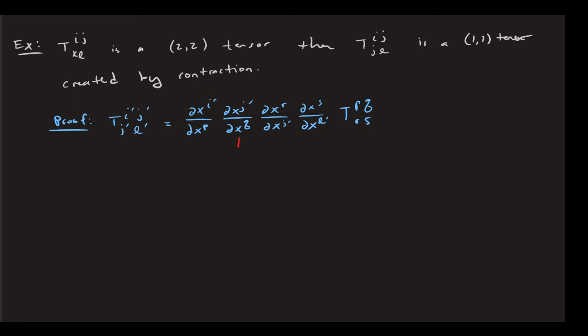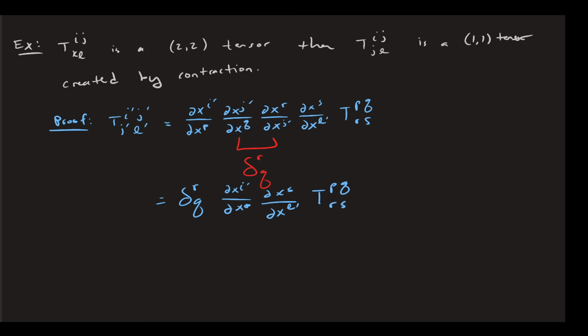And now these two in the middle produce Kronecker delta RQ. So this is going to be delta RQ, ∂xi'/∂xp, ∂xs/∂xl', T^pq_rs.